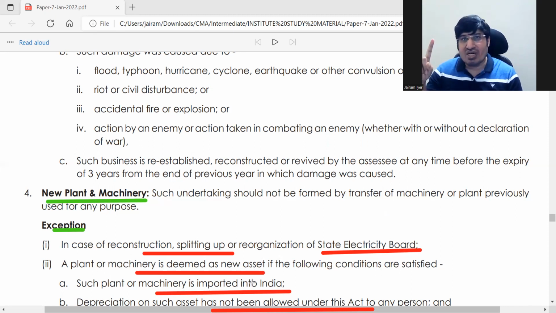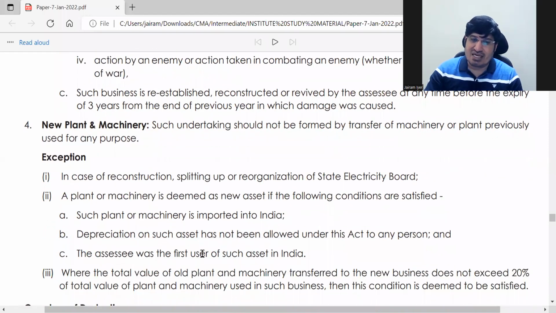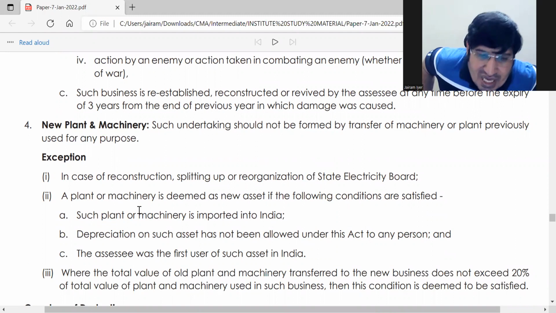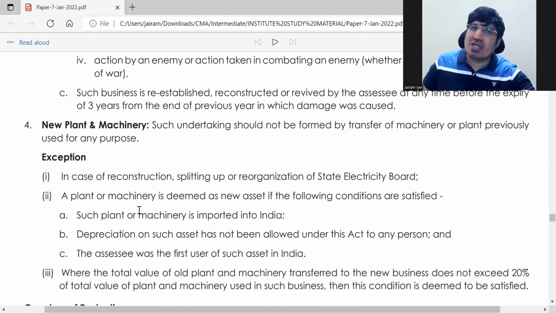It might have been used in a foreign country, that is okay, but in India it has not been used. And SSC is the first user in India, and no depreciation as per Indian Income Tax Act has been allowed. These conditions you have seen before also, correct? You may remember, sir, all these are similar conditions.